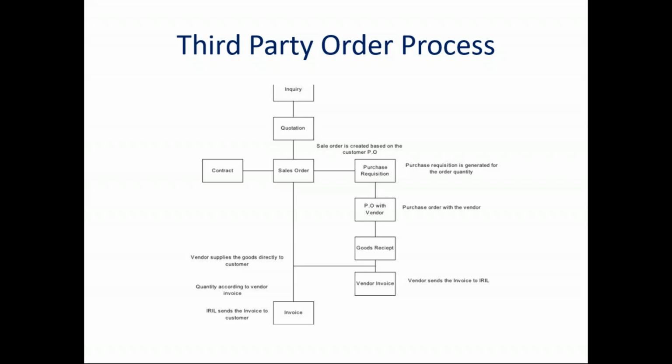You create a sales order, your customer is yours, so the vendor will directly send the goods to your customer, and then he will send the invoice. You need to pay your vendor because the vendor is giving the goods to your customer. And who will pay your company?